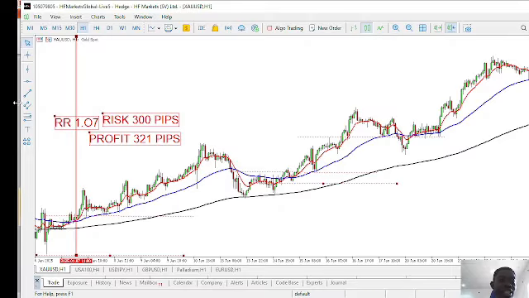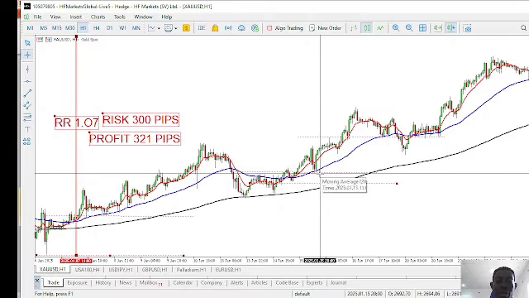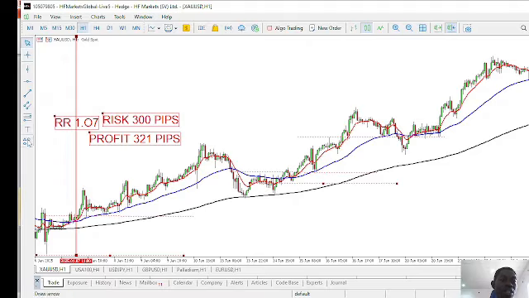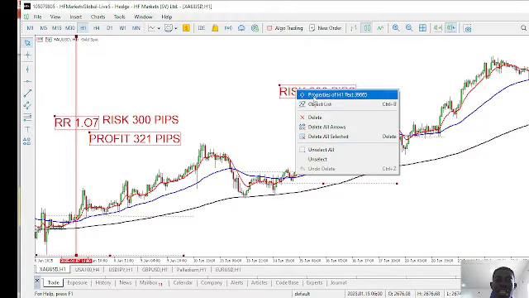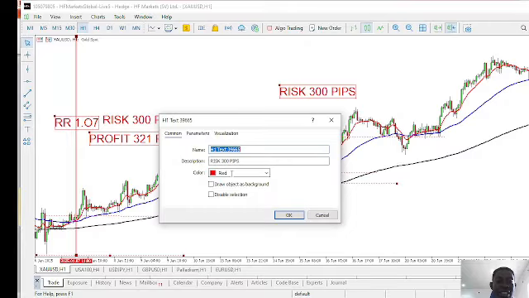So my risk in this scenario, how much am I risking? I'm risking about 68 pips. My risk for this one is 68 pips.